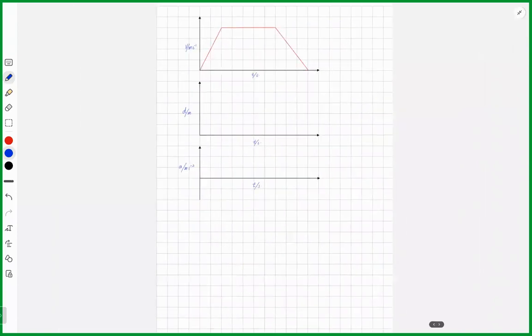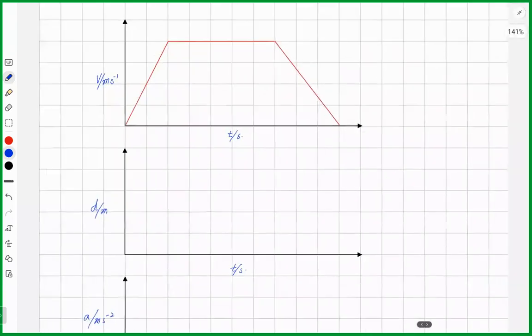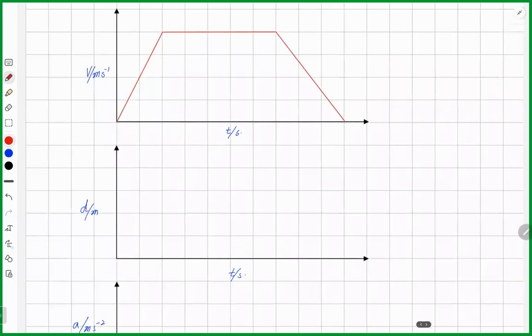Numeric values are not required, but I can see in the middle part, there is a constant increase in the distance. So distance is increasing at a constant rate.